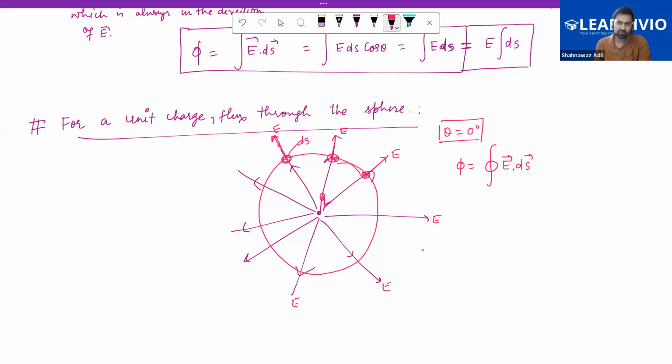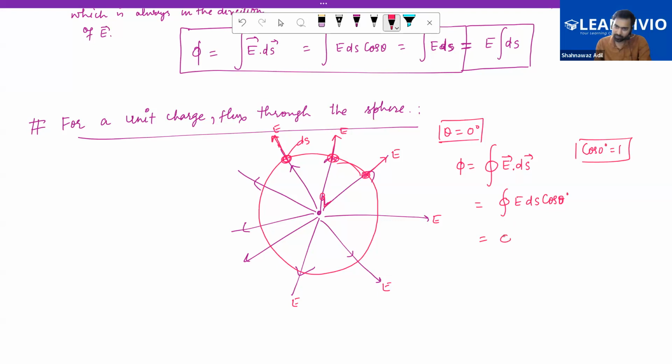This is the flux, right? Electric field is a vector quantity, area vector is a vector quantity. So now we already know that this is E ds cos theta. And we have taken our theta, our ds, in such a way that this is 0. So cos 0 is 1, right?